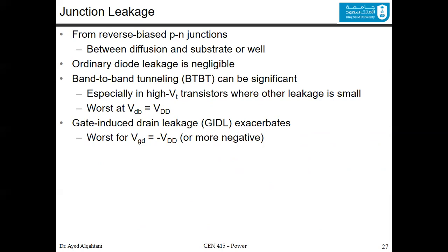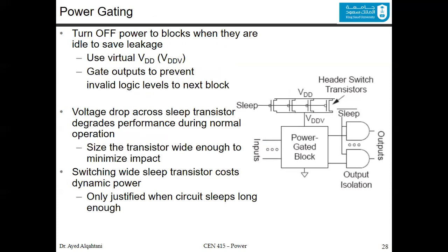Now, how to reduce the static power consumption? Remember, we had the clock gating in the dynamic power. In the static power, we have the power gating, meaning we turn off the power to blocks when they are idle to save leakage. We use a virtual VDD, or VDD-V, which is this one.